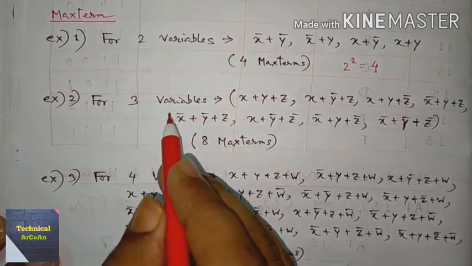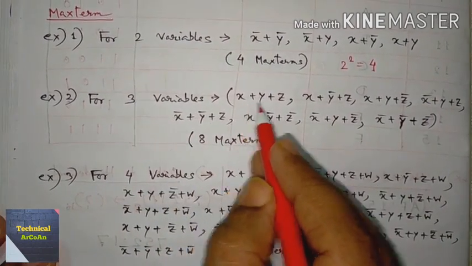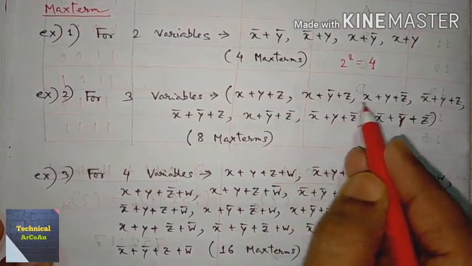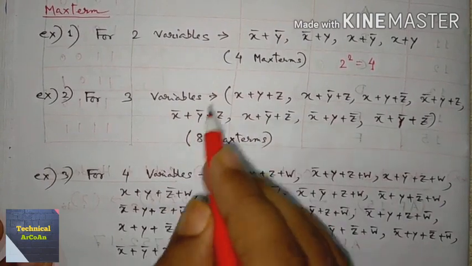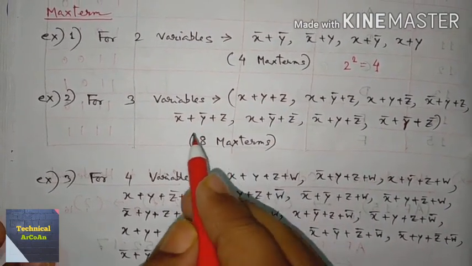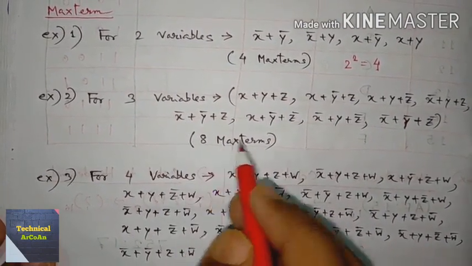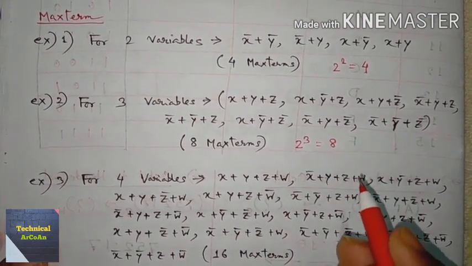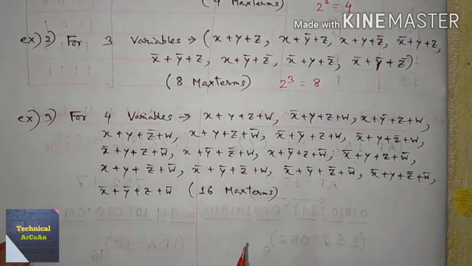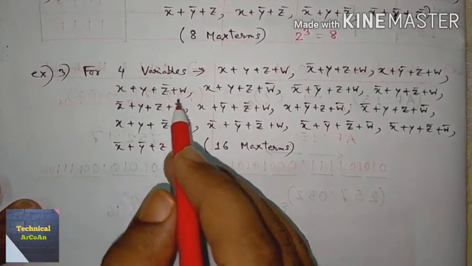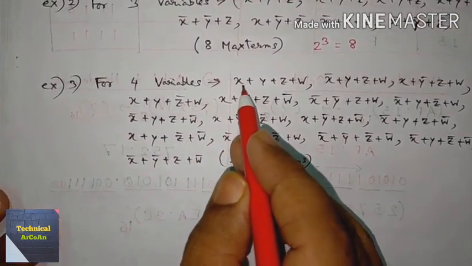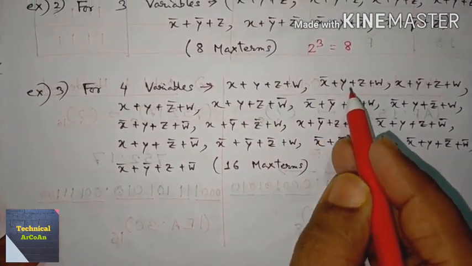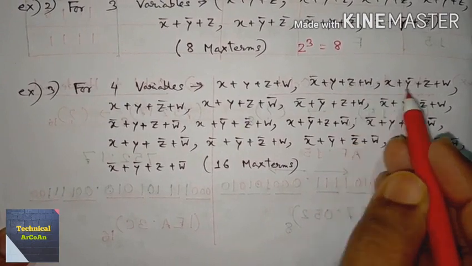Similarly for three variables, the max terms are like that: x plus y plus z, x plus y complement plus z, and the rest of that. So how many max terms will be present for three variables? Maximum 8. Why? 2 to the power 3 will be 8. Clear? And now for the four variables, the same way, like x plus y plus z plus w, or x complement plus y plus z plus w, and the rest of that.